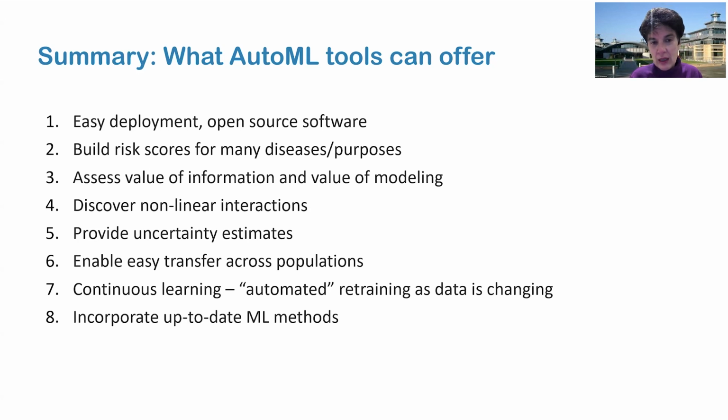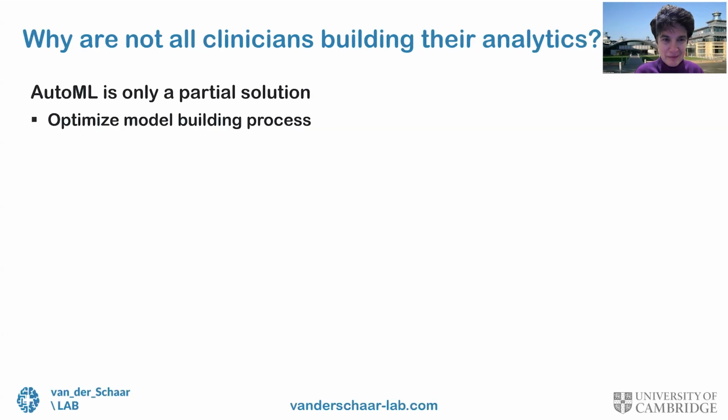Also, these tools would allow you to see what's the value of machine learning modeling, as opposed to more conventional linear models well known in statistics. These models also allow us to have uncertainty estimates such that you know when the tool is trustworthy and when it's not. And they can be also constantly updated through a continuous learning process where we can incorporate up-to-date machine learning tools. But this still didn't do it.